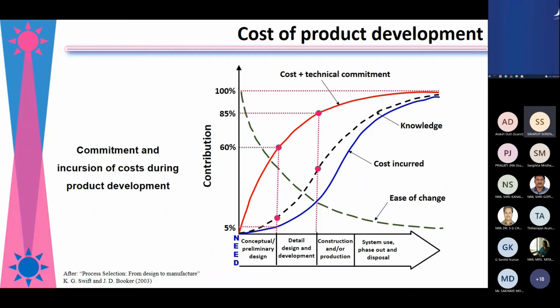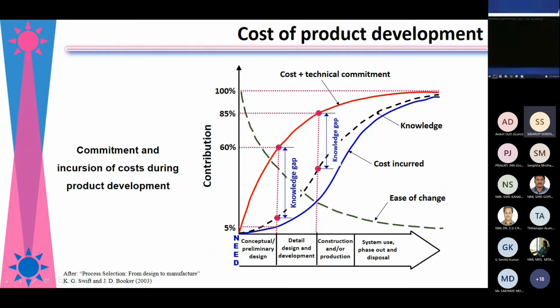So what we want to do is, in the design phase of the product, we must reduce the knowledge gap. This is the knowledge gap. The knowledge gap has to be reduced, and then you can lead to a full-blown product design and use. So technical knowledge and cost are very important.